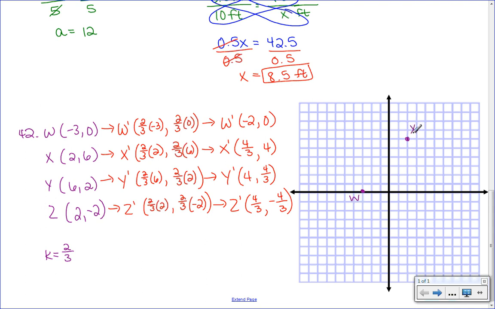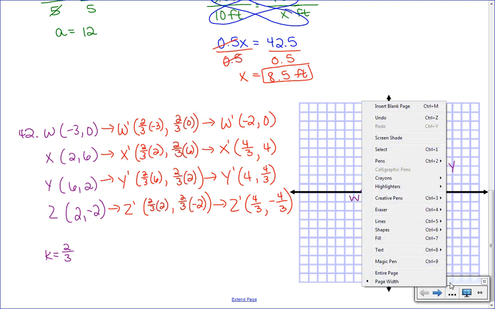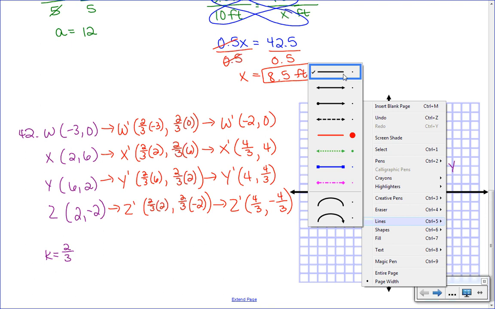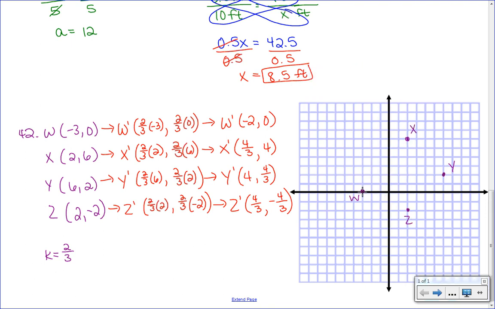There's X. Y is at 6, 2. There's Y, and Z at 2, -2. Okay, so there's the original image.